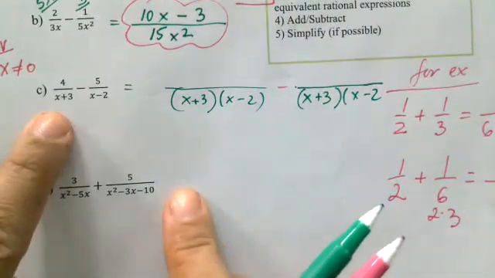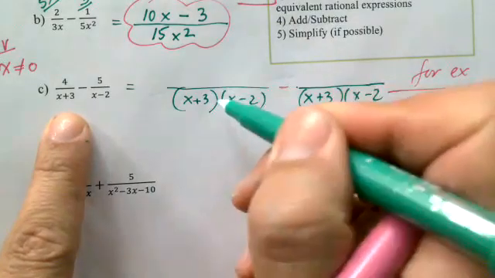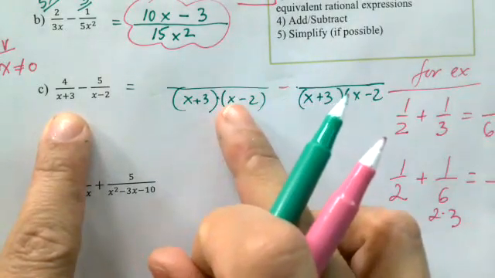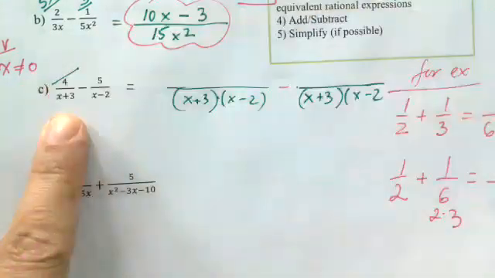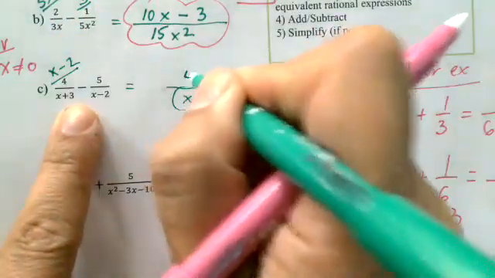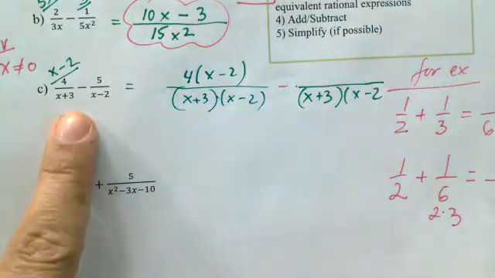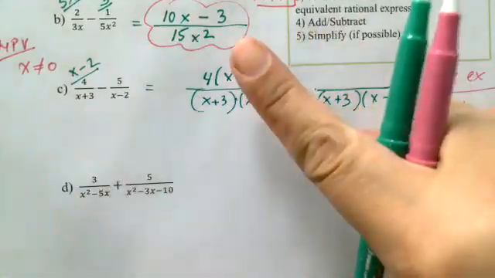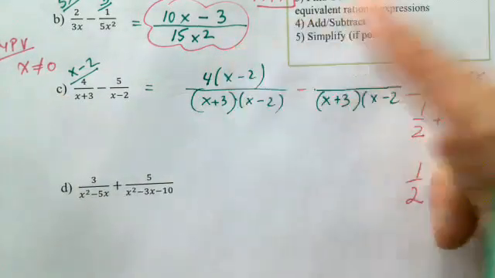Now, in the first fraction, I didn't have x minus 2 as a factor, right? We just times it there to make it an equivalent fraction. So that means I would have to multiply by x minus 2 at the top as well. So we're going to be having 4 times x minus 2. Notice how if we cancel x minus 2, we're going to get back the 4 over x minus 3, right? It's just an equivalent fraction.